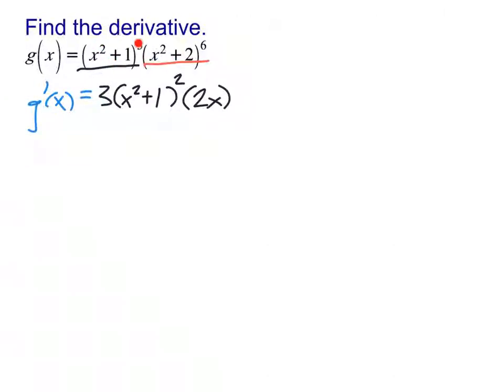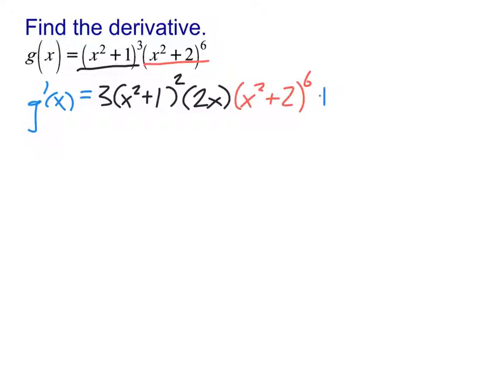The derivative of the outer function, that is the something to the third, gives me the 3 and the power of 2. And then times the derivative of the inner function, derivative of x squared plus 1 is 2x. So that's the chain rule part for that. But now I go back to product rule, which means I multiply the derivative, which I just found, times the original of the other. So that's the x squared plus 2 to the 6th. All right, that's the first half of product rule.